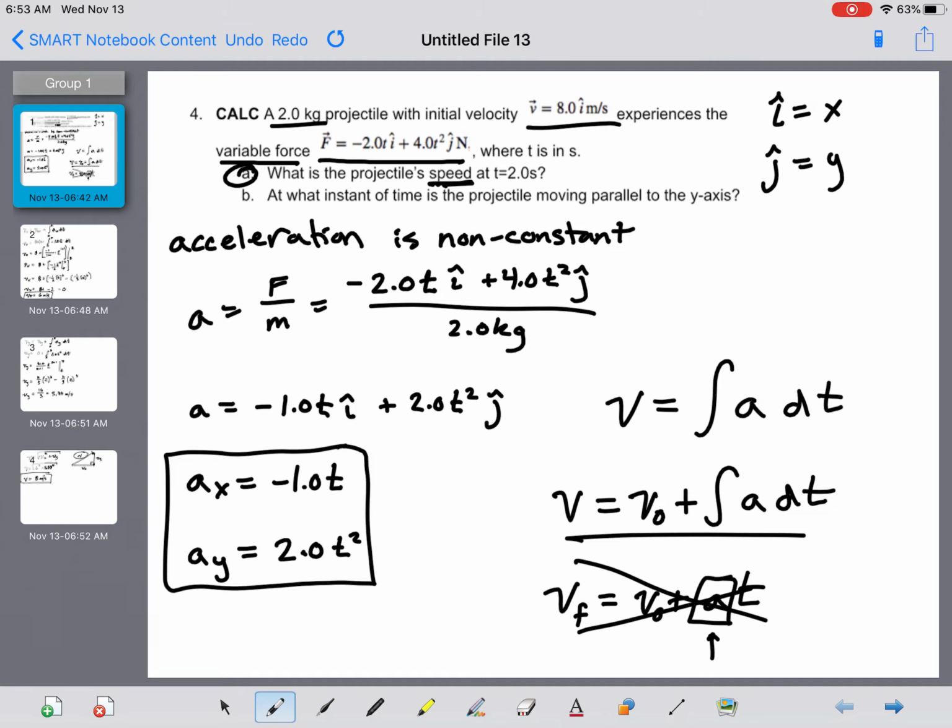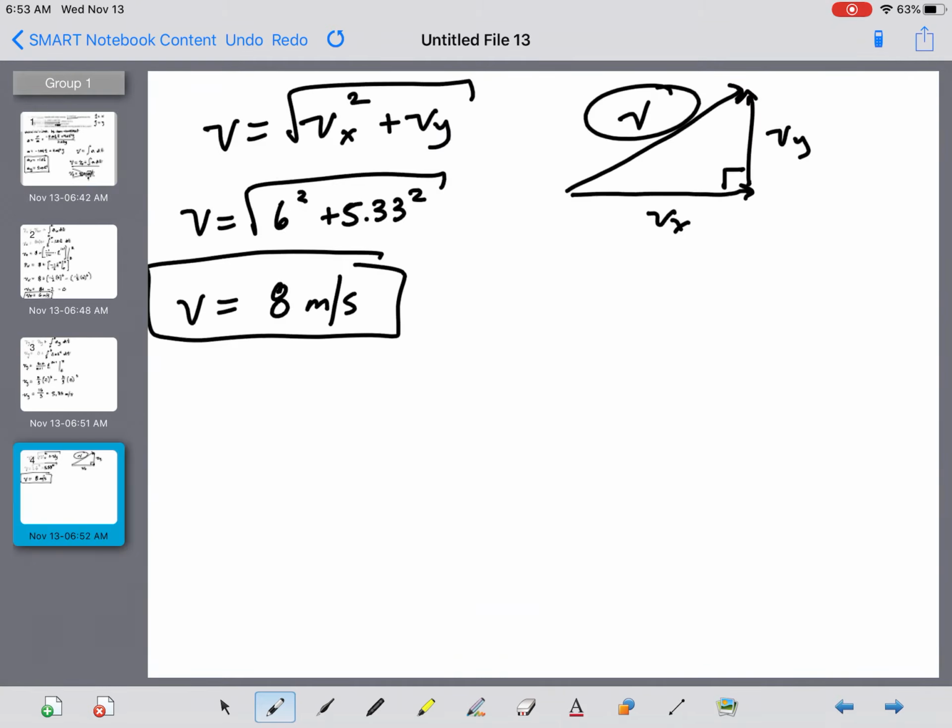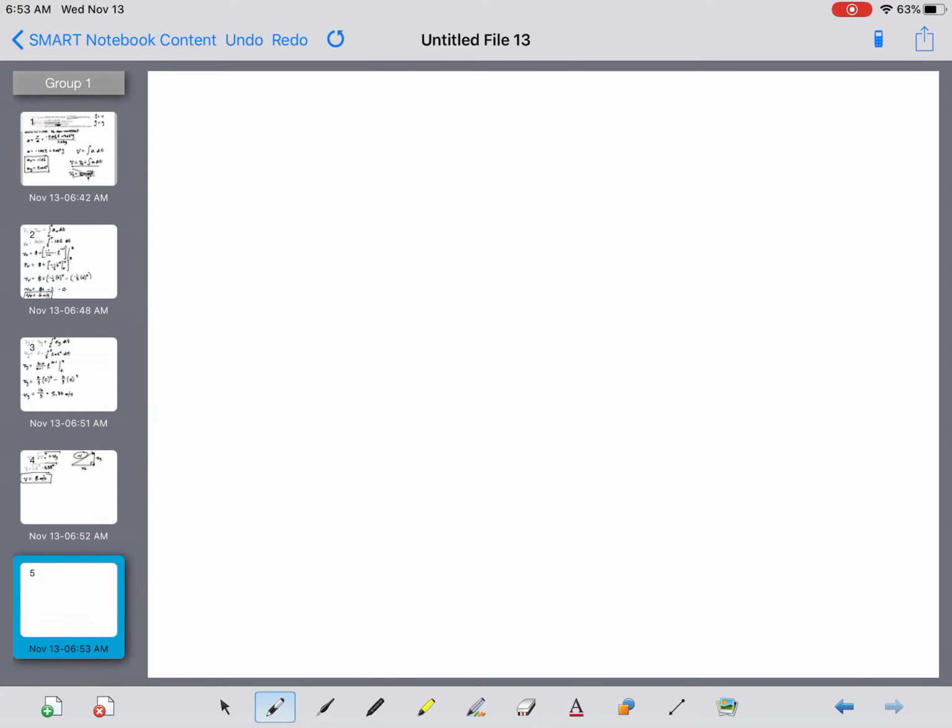Now let's move on to part B. At what instant of time is the projectile moving parallel to the y-axis? Okay, parallel to the y-axis. Let's think about what this means. What this means is that this is the point where my velocity in the x equals 0.